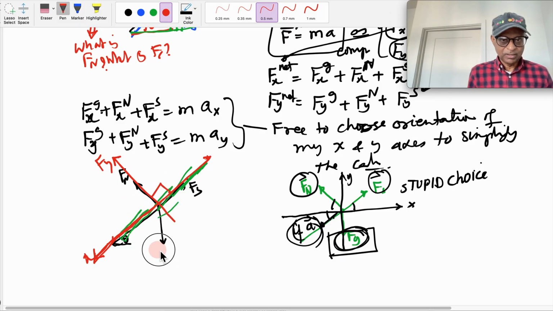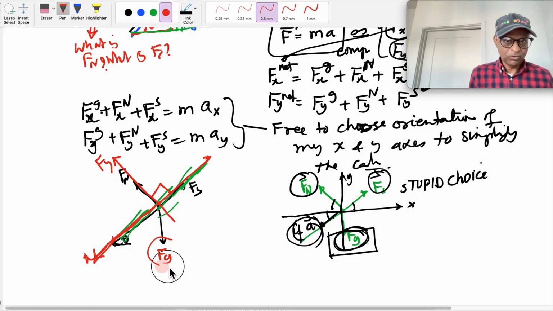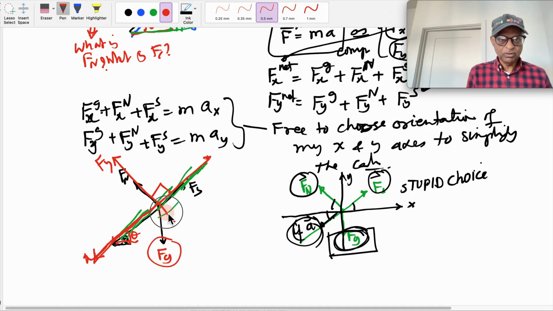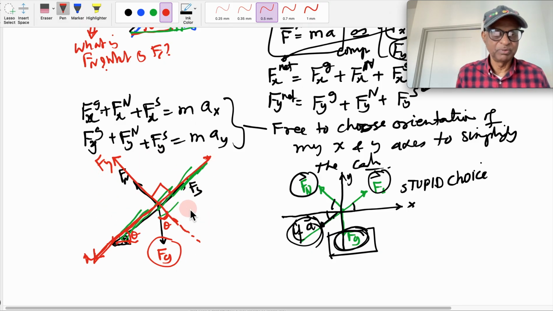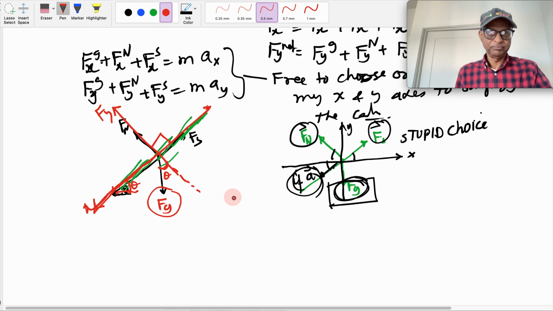So Fg is the only one not on an axis. If this is theta, we already worked out this angle is theta. So everything is pretty clear here.